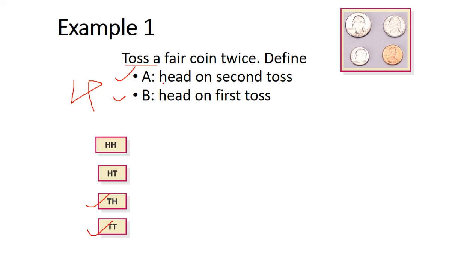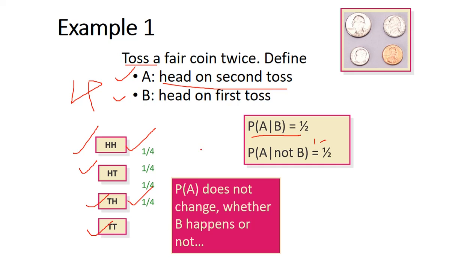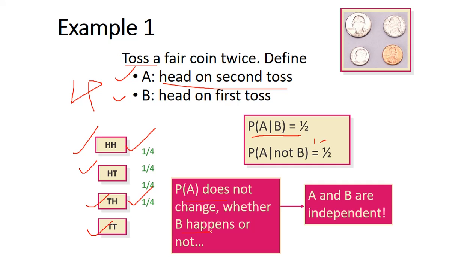Probability of A, head on second toss, is 1 by 2. The probability of A given B is 1 by 2 and the probability of A given not B is also 1 by 2. This means the probability of A does not change whether B happens or not. Here A and B are independent.